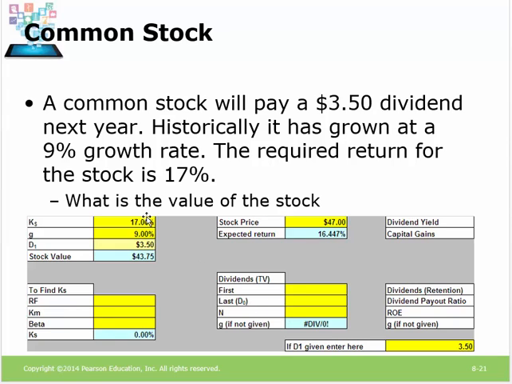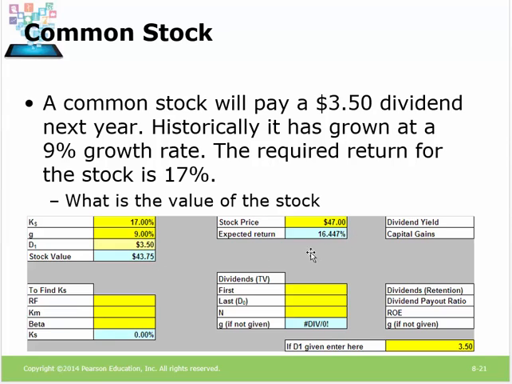But again, add the K sub S of 17% for this stock and the 9% growth rate for the dividends. This has a value of $43.75. What's the current price? Current price is $47. Would you pay $47 to get $43? Certainly not.